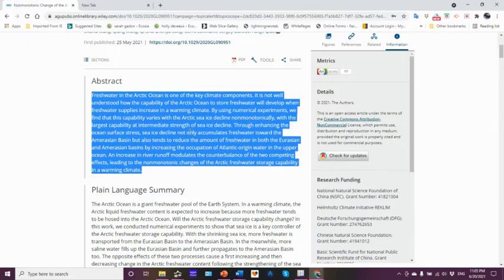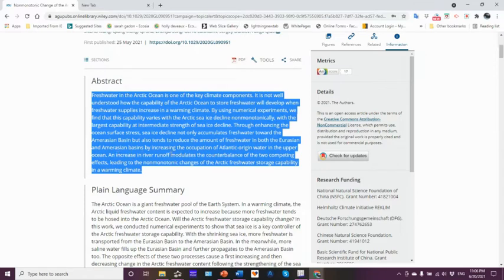Through enhancing the ocean surface stress, sea ice decline not only accumulates fresh water toward the Amerasian basin, but also tends to reduce the amount of fresh water in both the Eurasian and Amerasian basins by increasing the occupation of Atlantic origin water in the upper ocean.